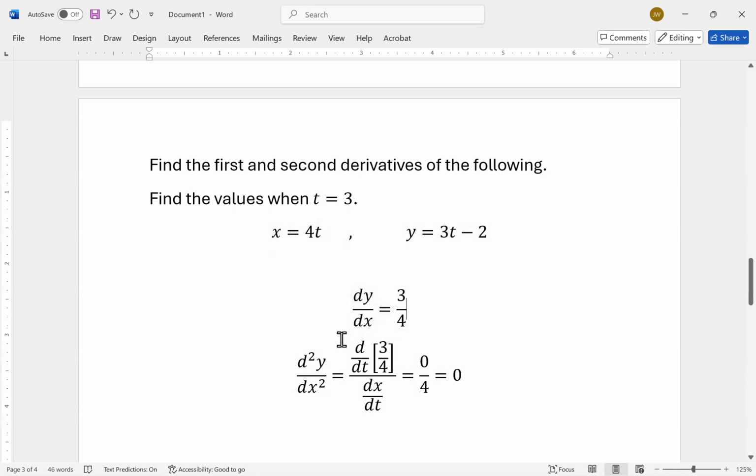So when t is 3, the first derivative is 3/4. When t is 3, the second derivative is 0. That would have also been the case if t was 123 or 129 or negative 129. Since the first derivative and second derivative are constant, no matter what you plug in for t, you just get those numbers: 3/4 for the first derivative, 0 for the second derivative.